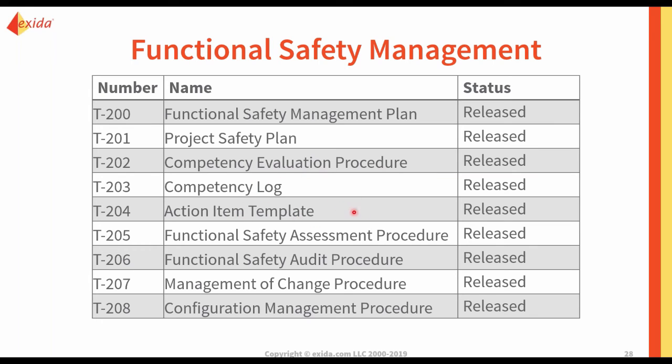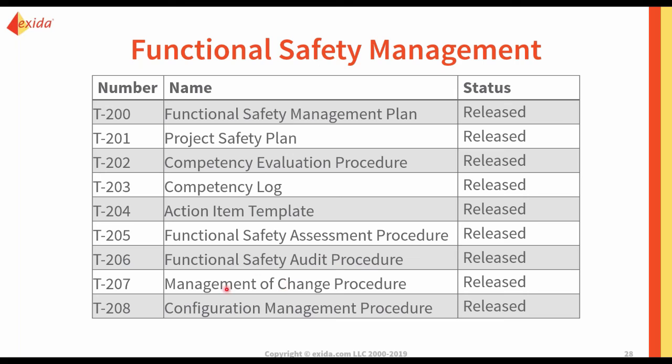The action item template covers what is done to ensure that the action items generated within a safety lifecycle step are reviewed and completed. The functional safety assessment procedure covers what is done to periodically and independently review the safety lifecycle tasks, and functional safety audits support continuous improvement.